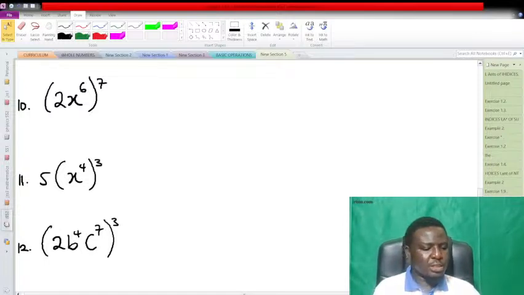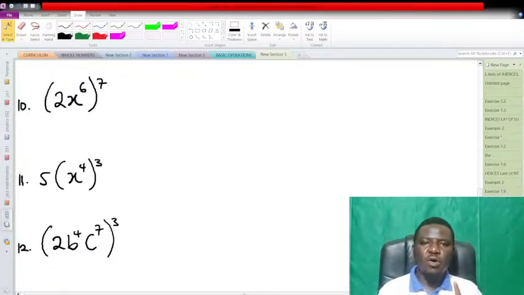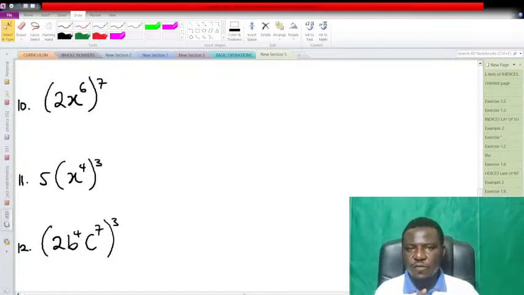I'm not saying it's not correct, but it's not complete, because it is partially okay and partially it's not okay. Remember I said you multiply the powers of every figure or letter in that bracket.